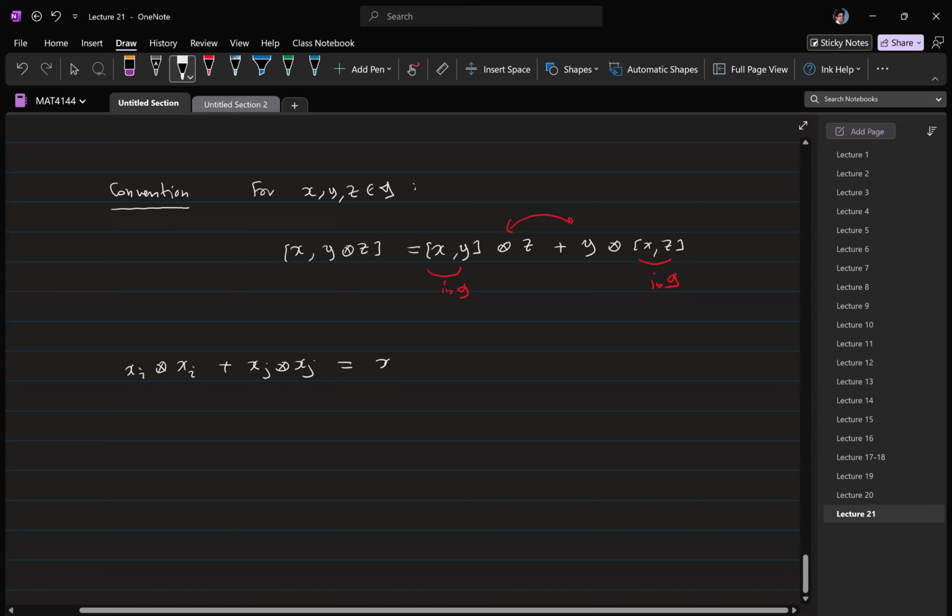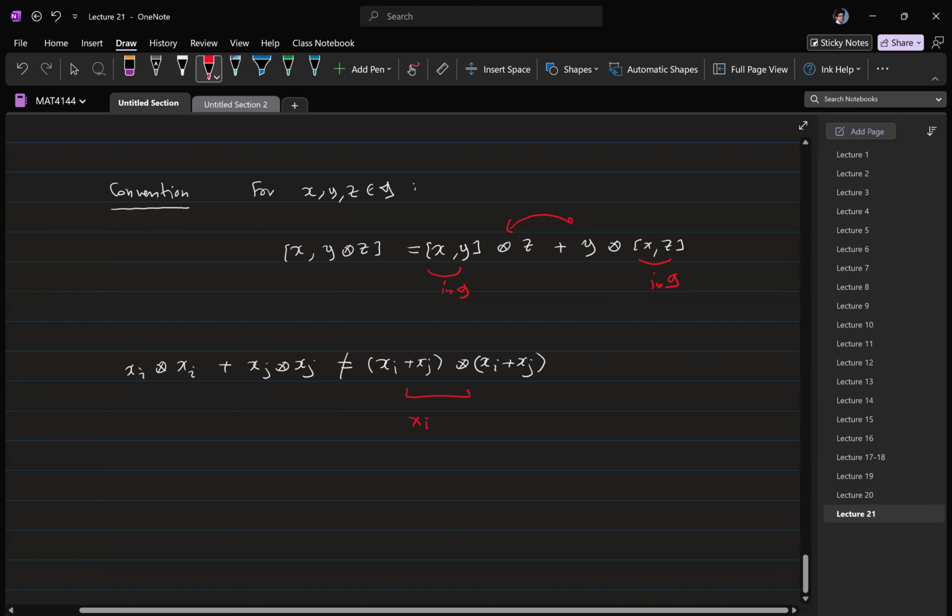So what is this? Is this true or false, if the xi's form a basis? False. It's false. And why is that? What do I have on the right-hand side? Left-hand side plus xi tensor xj and xj tensor xi. That's right.